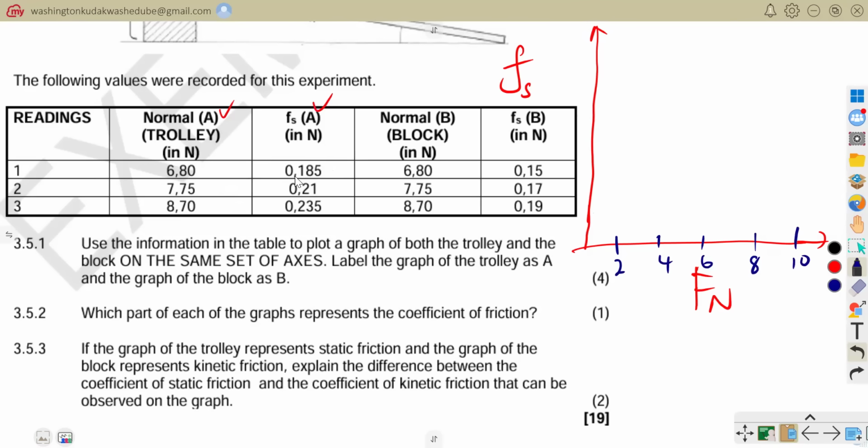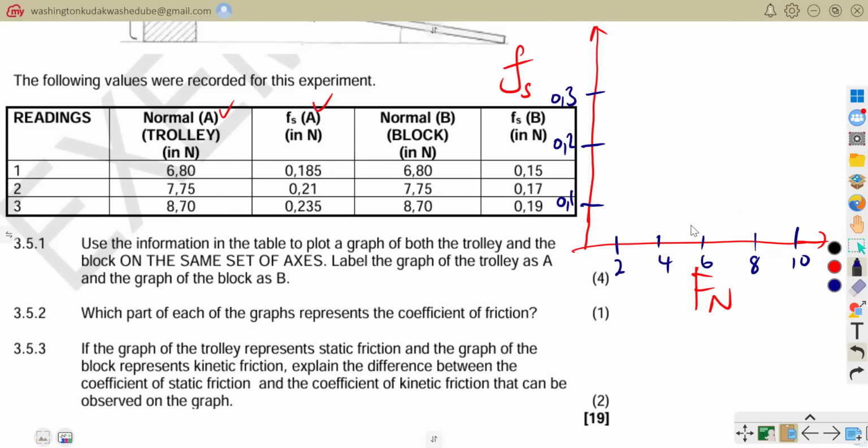And then this side, we've got 0.185 to 0.2. So I would say, let this one be 0.1, let this one be 0.2, and let that one be 0.3.